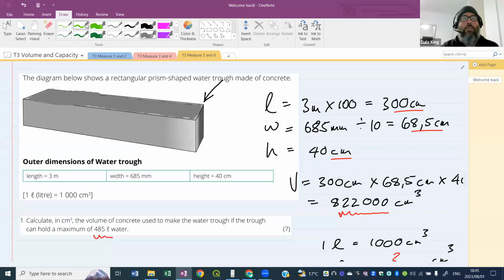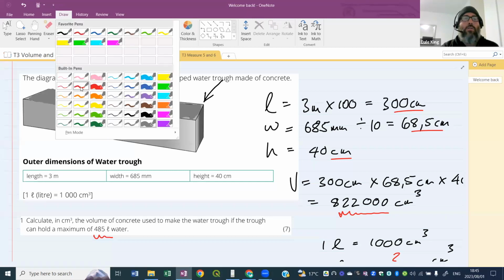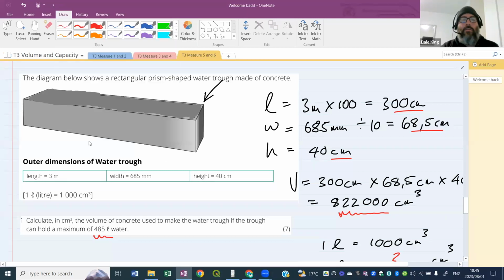That concrete solid block has dimensions, okay? Its length, I'm going to use centimeters now, its length is 300 centimeters. Its width is 68.5 centimeters. And its height is 40 centimeters.